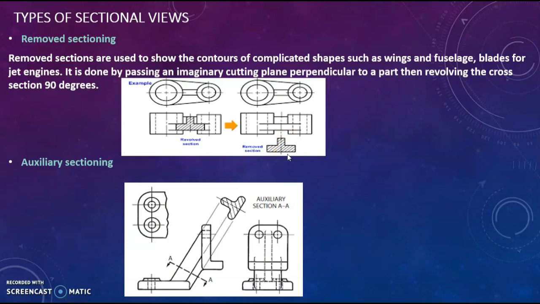To make our drawing readable, we remove the section part. We have some minor type of sectional view which is called the auxiliary section. We didn't talk that much about that one.